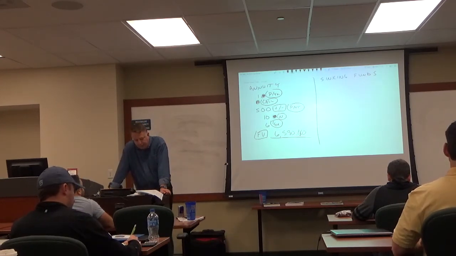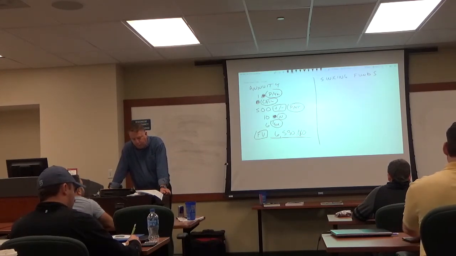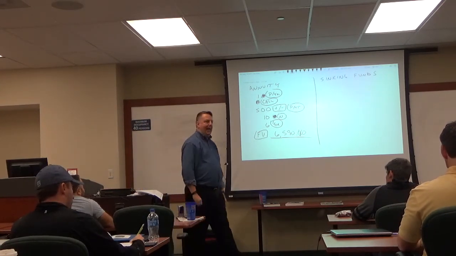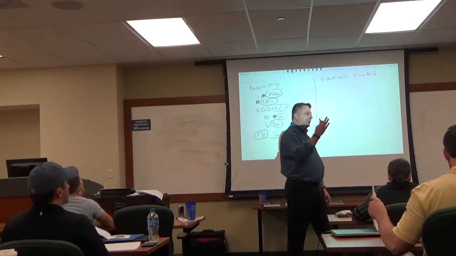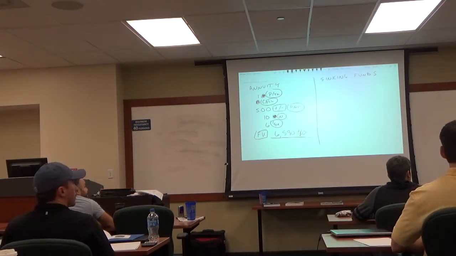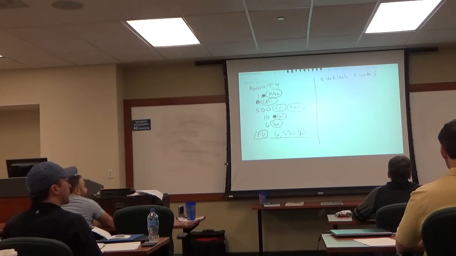All right. So in this particular case, what we are trying to figure out is how much we would need to deposit on a regular basis in order to accumulate some sort of a dollar amount in the future. Now, you're thinking, what?